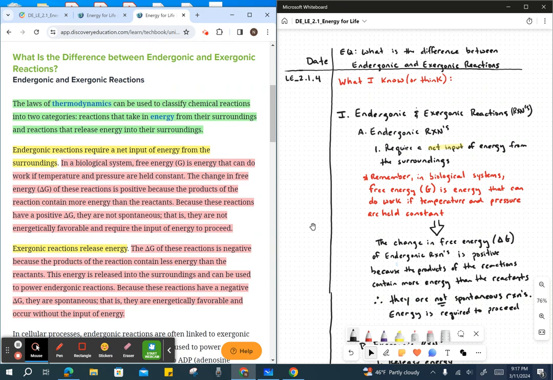The G stands for Gibbs free energy. So the change in free energy, what we call delta G, remember the symbol for change is that little triangle. The change in free energy of an endergonic reaction is positive, and that's because the products of the reaction contain more energy than the reactants.